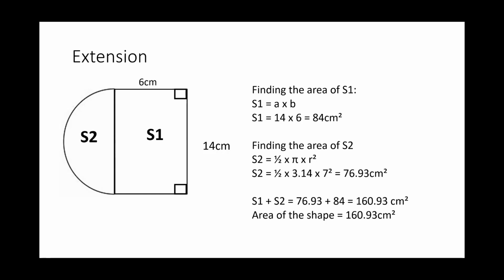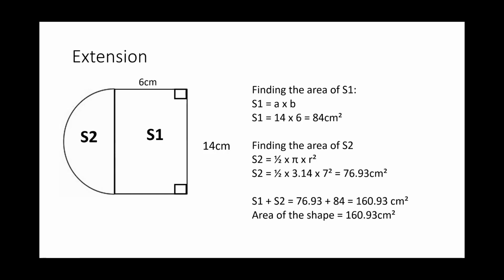And since the radius is half the diameter, it is 14 divided by 2. So if you follow the formula carefully, you will have the answer, which is 76.93 centimeters squared.